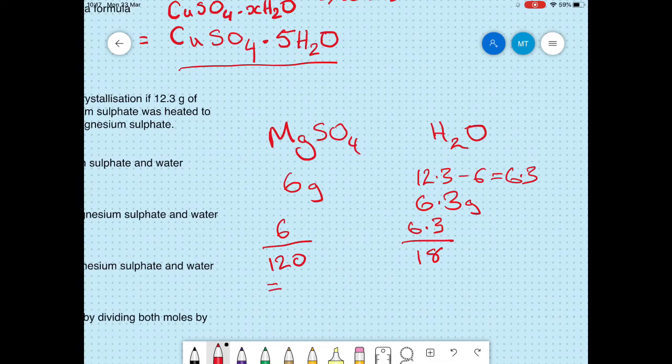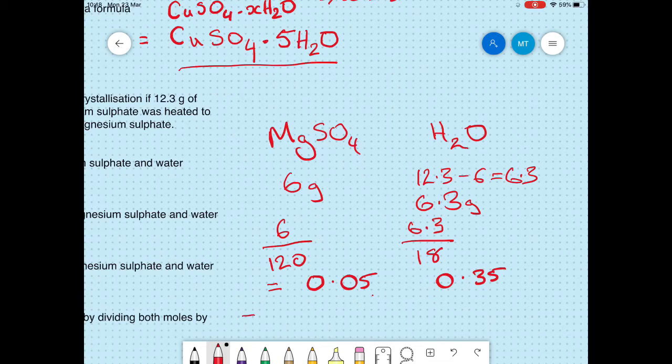Okay, that gives us 2 sets of moles. And the moles of magnesium sulfate is 0.05, and the moles of water, we do that on the calculator, is 0.35. I'm trying to keep them in nice, neat columns and not always succeeding, but those are the mole ratios.